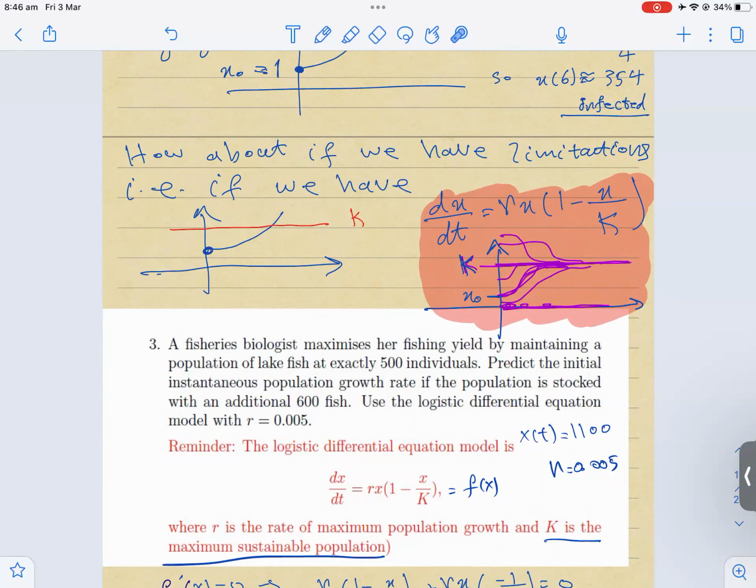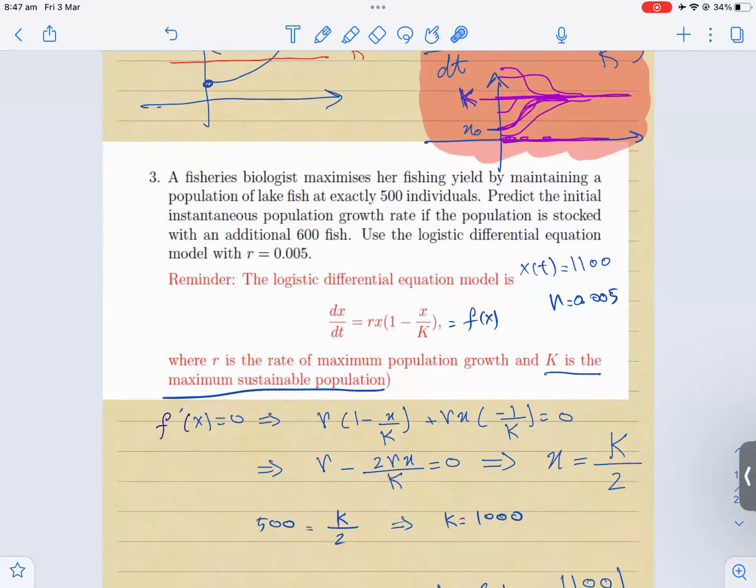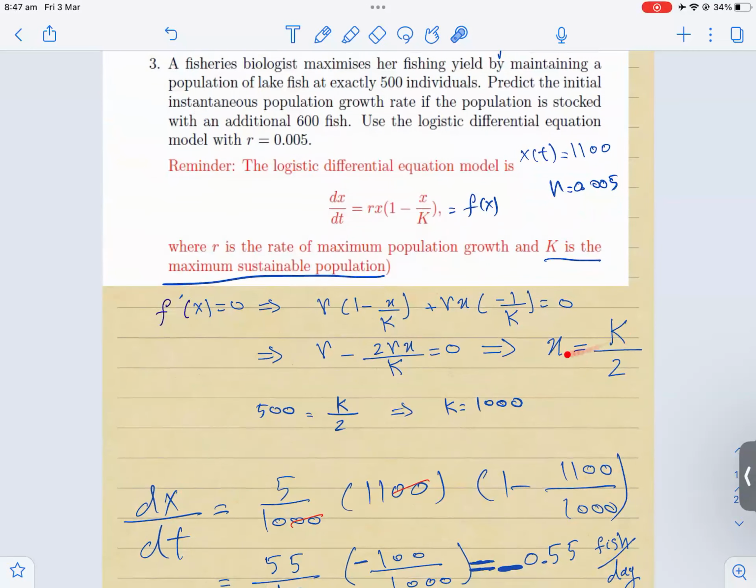It's almost every other day we can catch one fish, and then we will get the capacity K. We will get the 500 because we have assumed that K is 1000, and we calculated K by assuming that we want x to be 500.